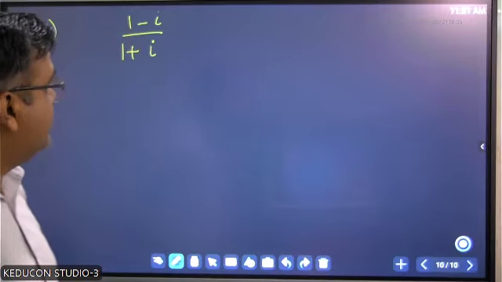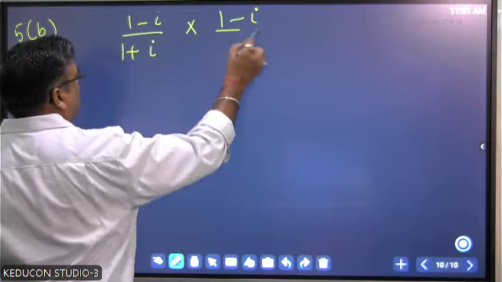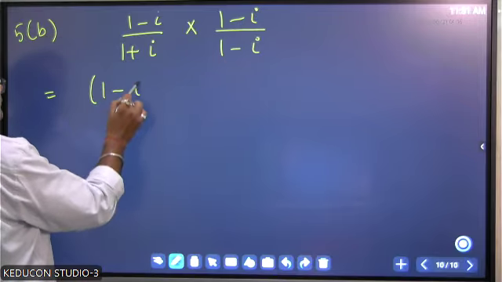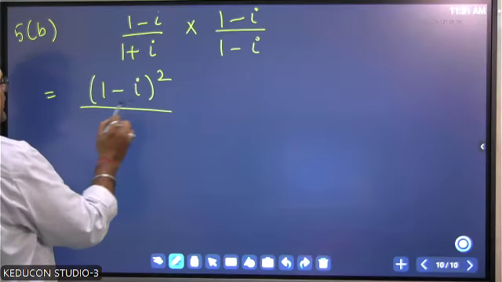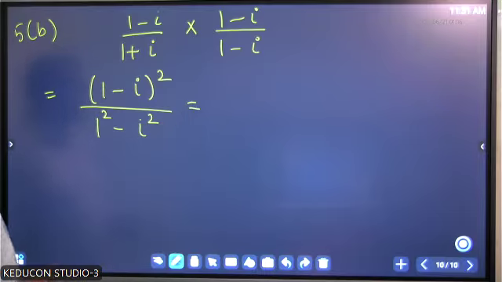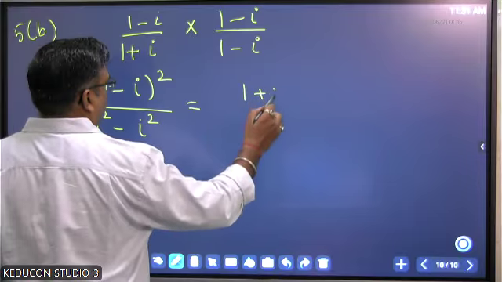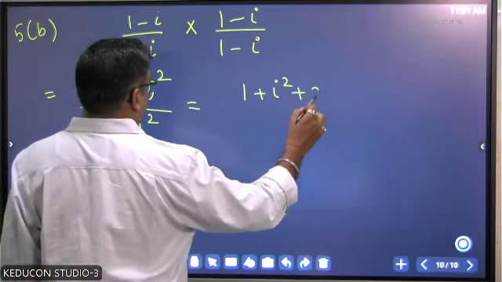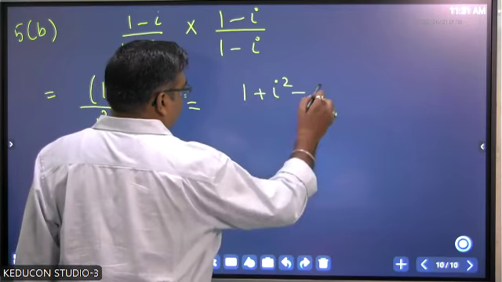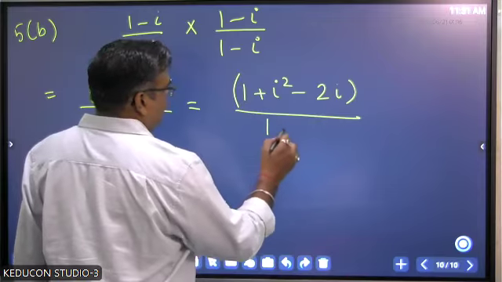Let's check minus iota. We rationalized it: (1 minus iota) over (1 minus iota) multiplied. In the numerator you get the identity, students, and in the denominator a square minus b square, right? Is this clear? So what you got here: 1 plus iota square, minus 2 iota, right? And in the denominator it will be 1 plus 1.